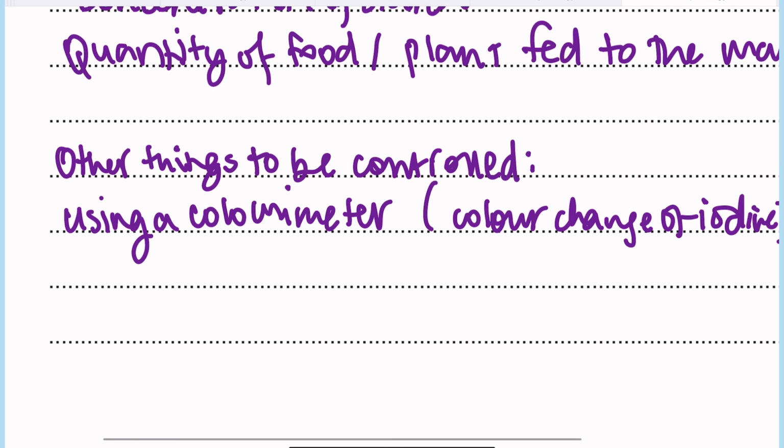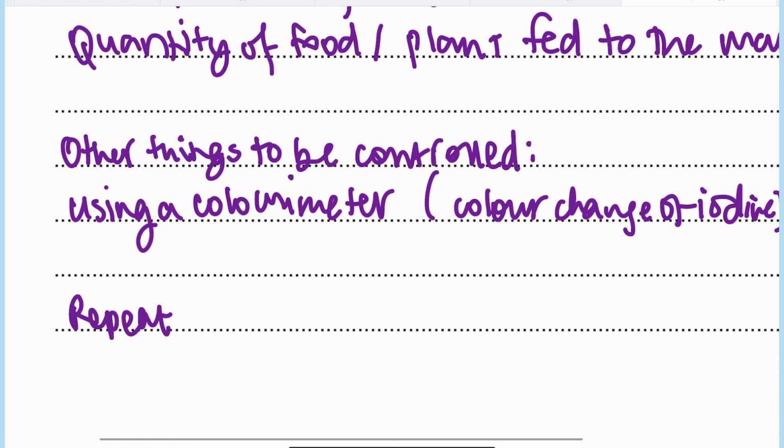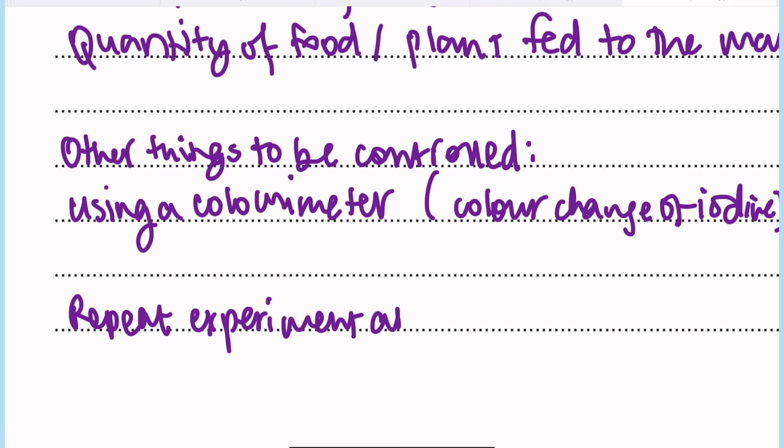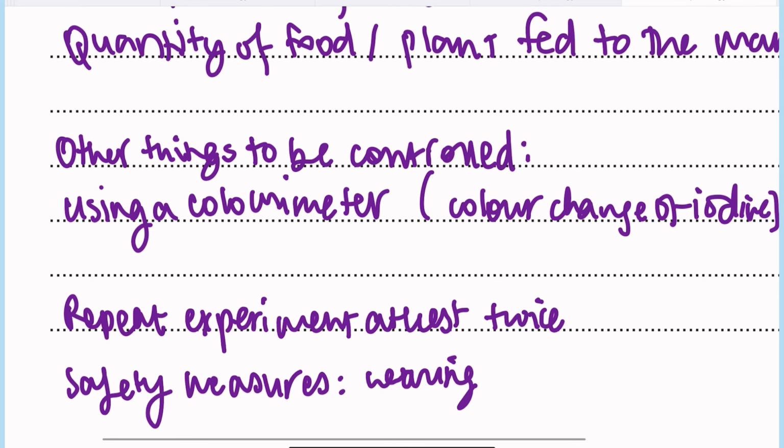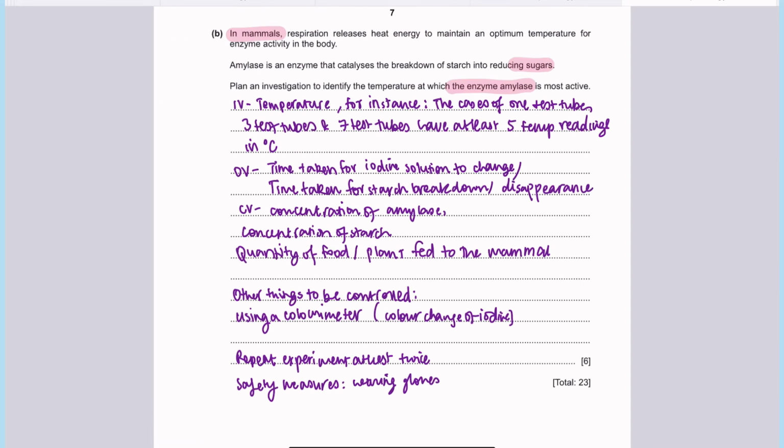That's one. Always ensure to repeat the experiment multiple times, at least twice is preferable. Repeat your experiment at least twice. And include relevant safety measures. So safety measures could be things like wearing gloves, right? Because you're using iodine solution. Iodine solution is something that can stain, so wearing gloves is a safety measure.